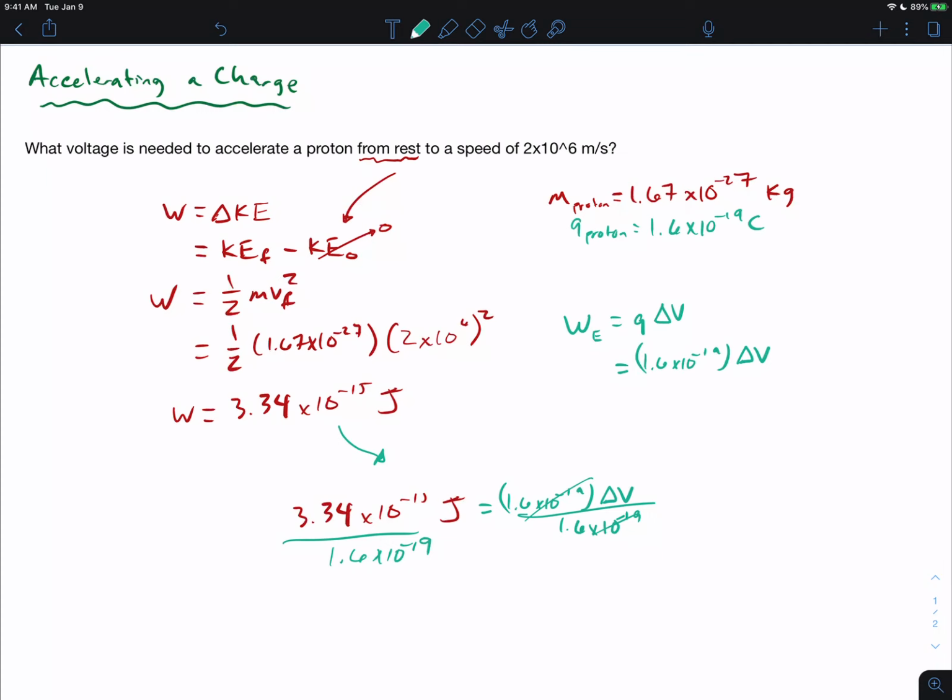We get that our potential difference is approximately 20,900 volts, just rounded there at the end. So we need about 20,000 volts in order to accelerate a proton to this very high velocity. This is how we calculate the amount of voltage that's needed in order to accelerate a charge through some field.